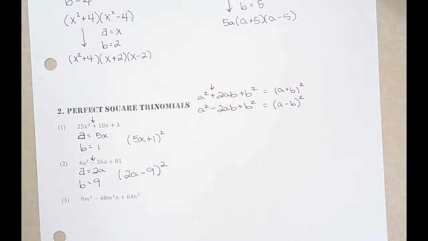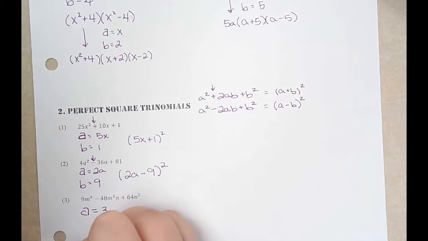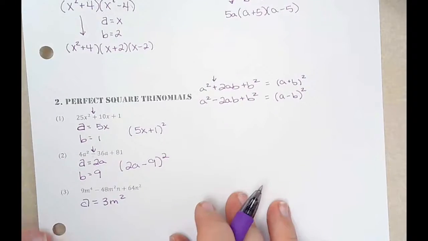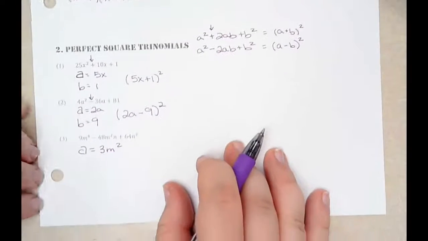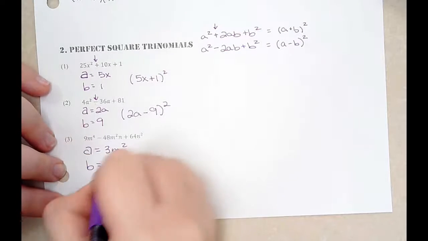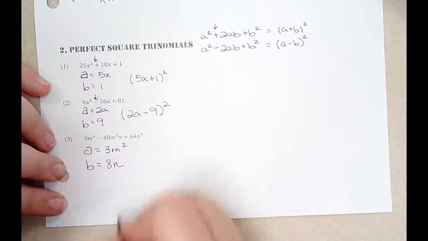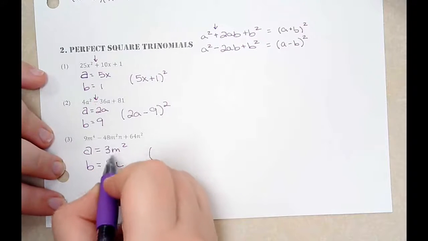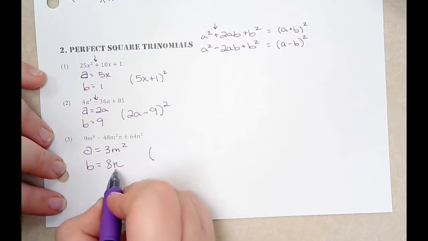Alright, last one here. Again, if I check my a, I see it's 3m squared. Quick note, that's an m to the 4th. So I want to make sure when I unfactor it that it's m squared. B, when I unfactor that thing behind, it's going to be 8n. Check your piece in the middle is 2 times m squared times 8n.